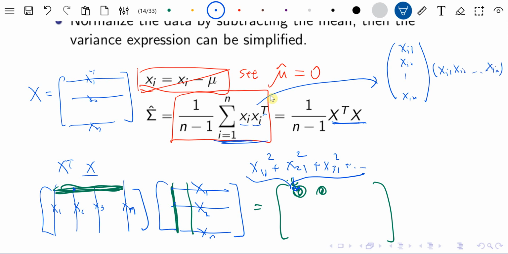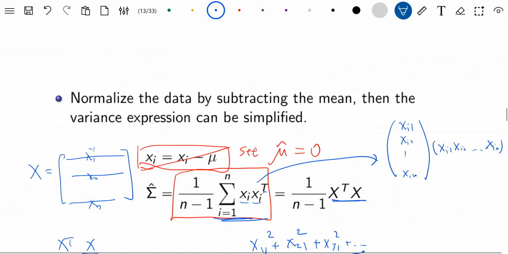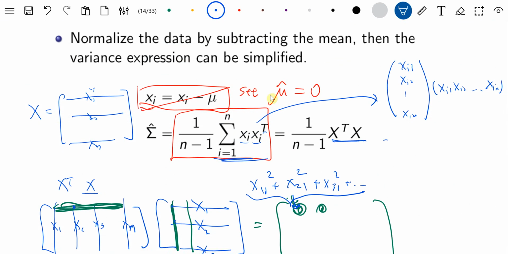So note that this thing again is the same thing as what we had before. Here, it's not dot product. The result is a matrix. So in particular, this entry is xi1 squared. This entry is xi1, xi2, and so on. So we're not really interested in any other entry. We only care about this one.